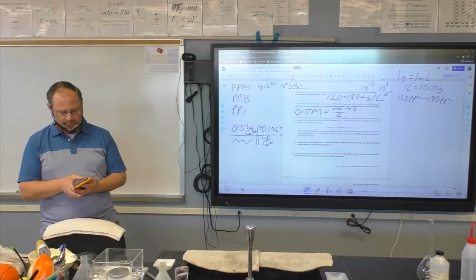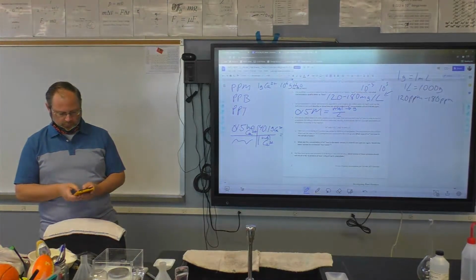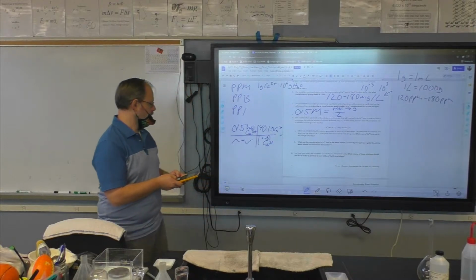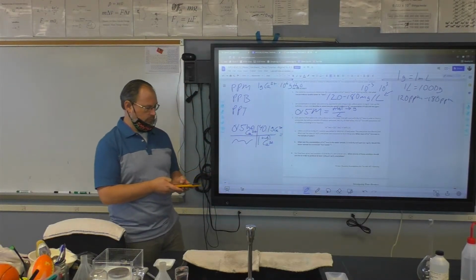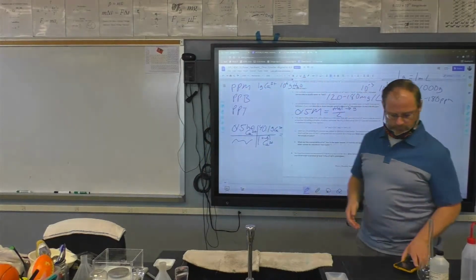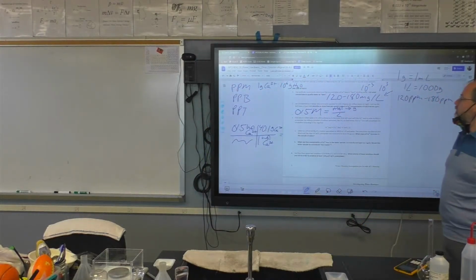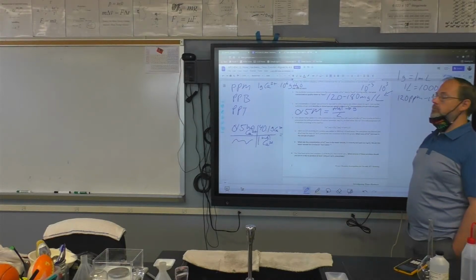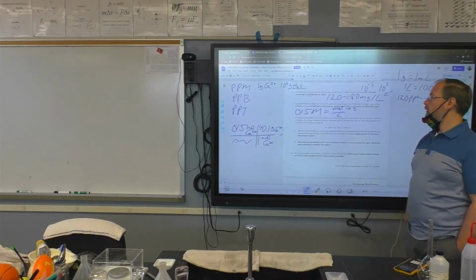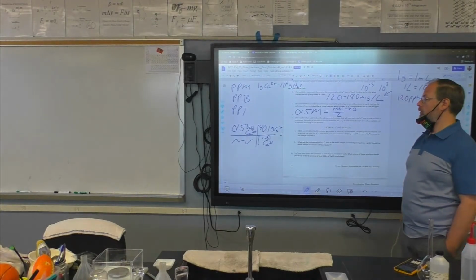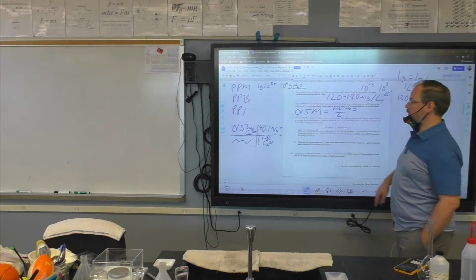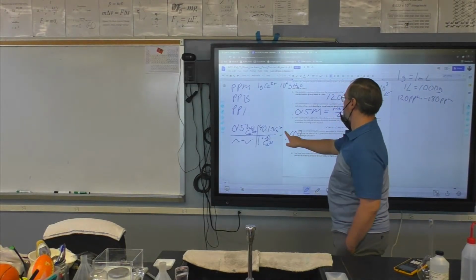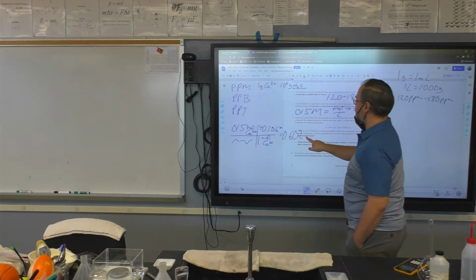Use our handy calculation device. So how many grams is 0.015 moles? 0.602. Okay, sorry, 0.602. So this is grams.